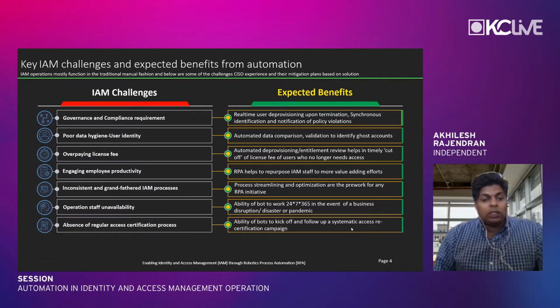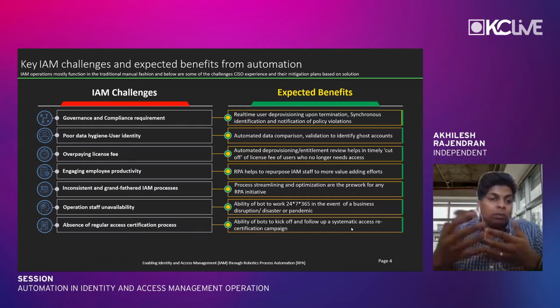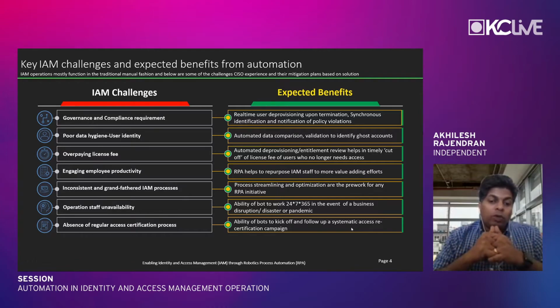Overpaying licensing fees. So many times the licenses have been tied to the identity, and once it has been provisioned, it's very hard for a big organization to track it. If somebody goes out or changes roles over time, he or she can be in the same organization but may have changed their role. But since they are already in the organization, the cloud company or any other software vendor will still be charging money for them, even though they may not be using it.